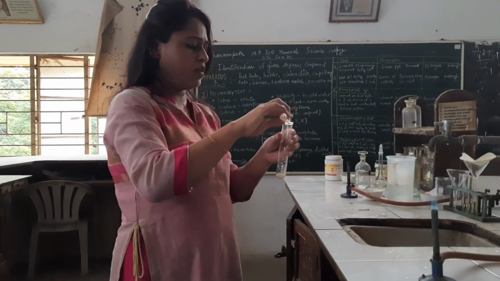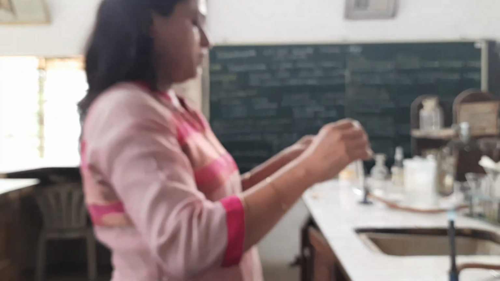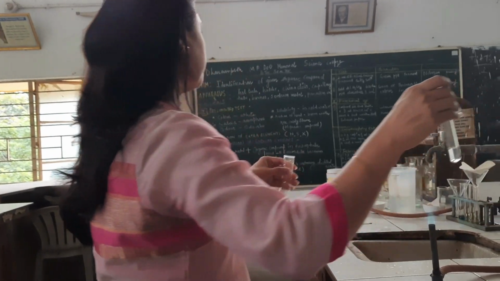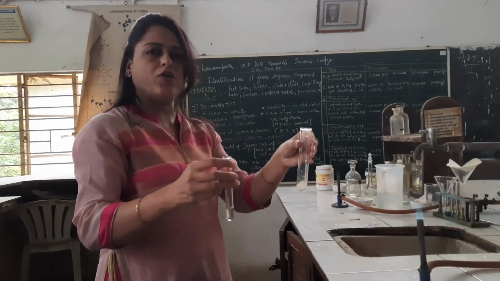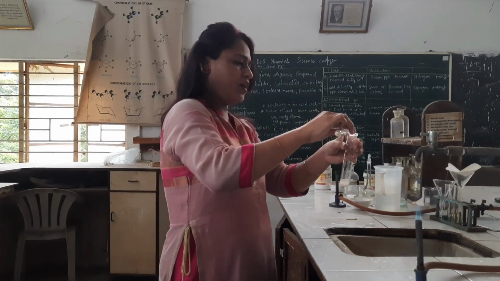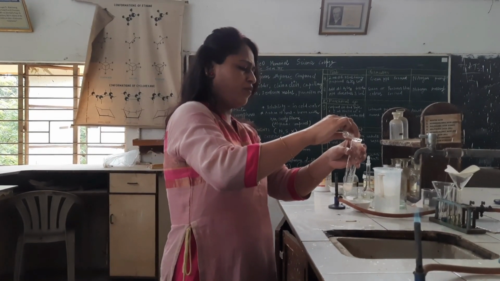Then add 1 ml of concentrated nitric acid and boil it for 5 minutes.